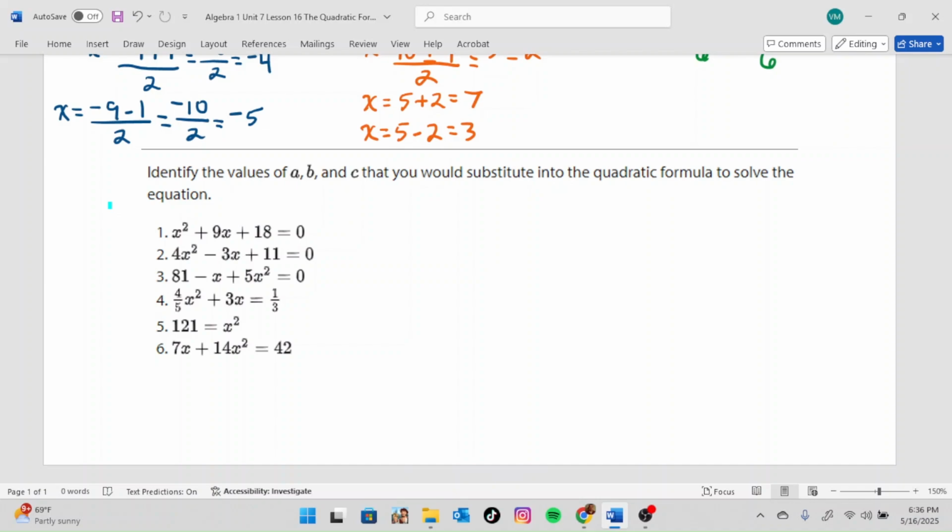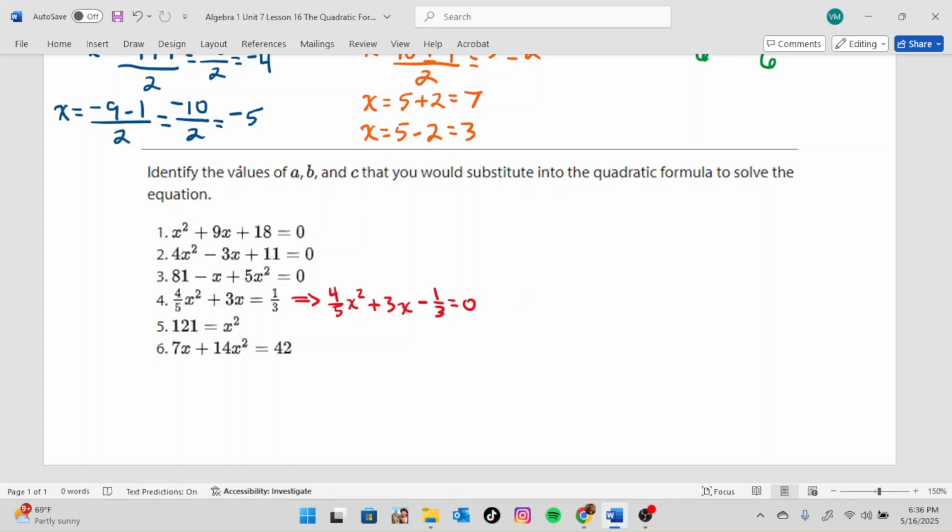So let's make all the moves first, and then we'll talk about the A, B, and C. So if I look at number 4, I'm going to want to subtract that 1/3 from both sides. So this is going to become 4 over 5 x squared plus 3x minus 1/3 equals 0.